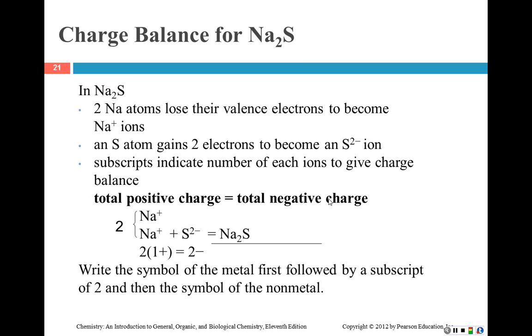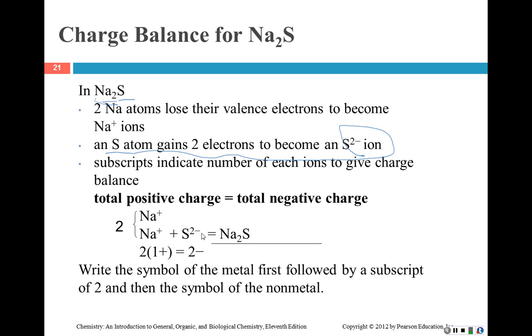In the case of sodium sulfide, the formula tells me that I have 2 sodiums and 1 sulfur. An S atom gains 2 electrons to become S2-. I know that by looking at where it is on the periodic table. The subscripts tell us that each ion gives balance to the overall molecule.